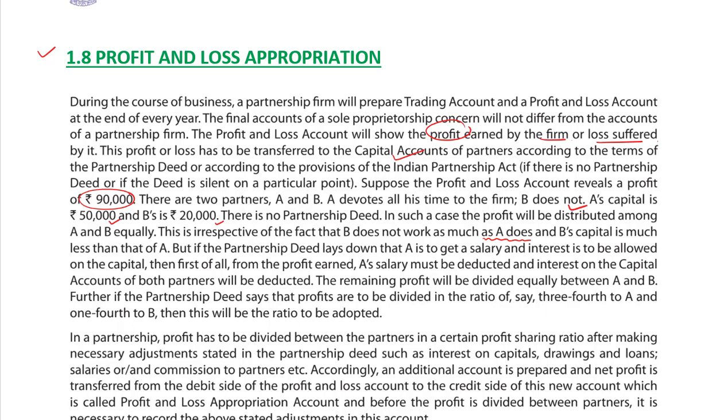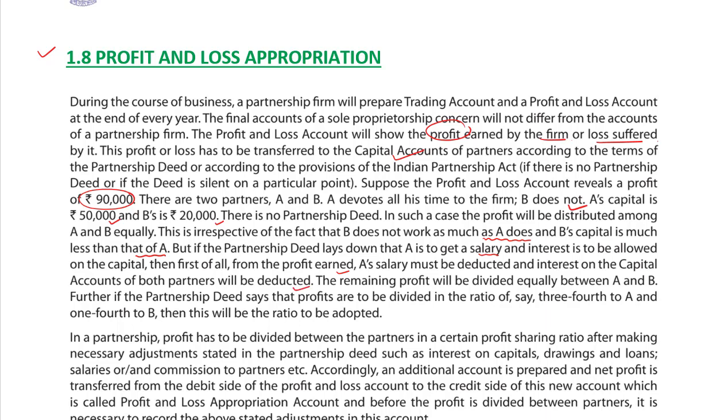B's capital is much less than that of A, but suppose the partnership deed lays down that A is to get a salary and interest is to be allowed on the capital. Then first of all, from the profits earned, A's salary must be deducted and interest on the capital accounts of both the partners will be deducted.